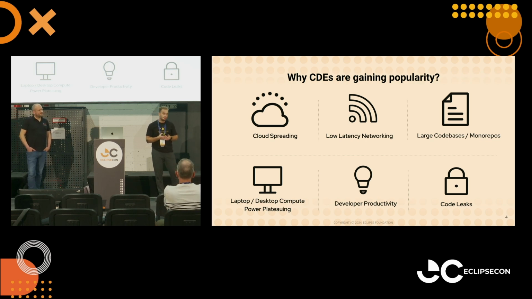Also, our code bases are becoming bigger and bigger, and also some big tech companies are using mono repos. And if you think about it, our laptops are not ideally suited to this very large code bases and mono repos. Because what was development, let's say 15 years ago, was a completely different story.